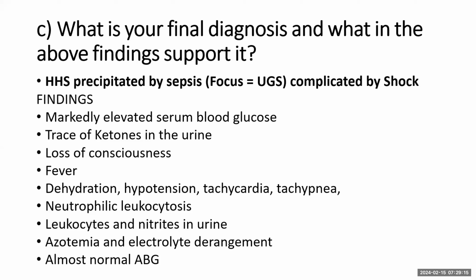There's neutrophilic leukocytosis, which is evidence of infection, most likely the result of the UTI he had that precipitated this HHS. There's azotemia and electrolyte derangement, and the arterial blood gases were almost normal. There's really no marked acidosis like you can find in DKA. I will talk about some of the nuances about DKA and HHS just shortly.